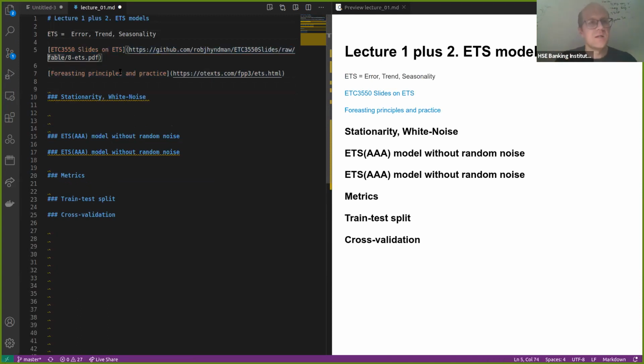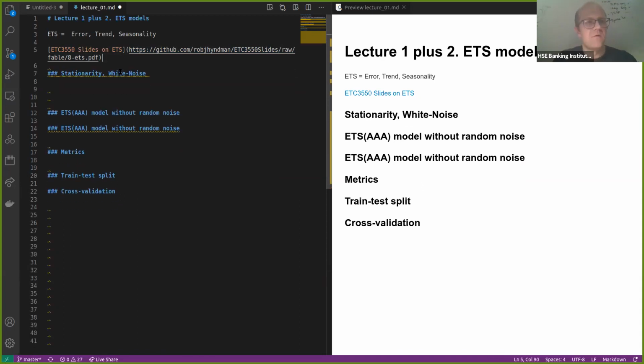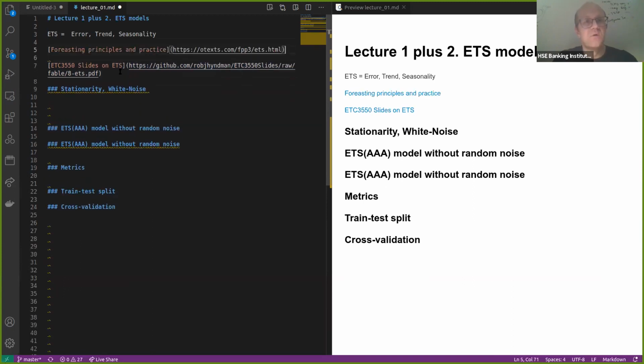The first one is lecture slides by Hyndman, and the other is the book Forecasting: Principles and Practice. I think these 2 are the best sources on ETS models, because Hyndman was one of the men who made a revolution in ETS models.